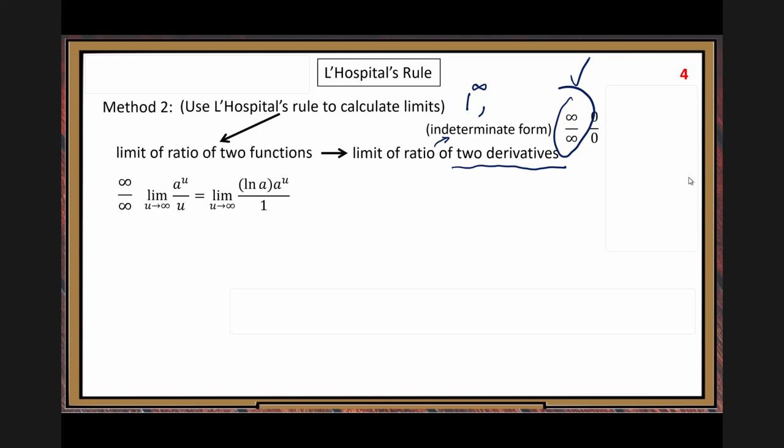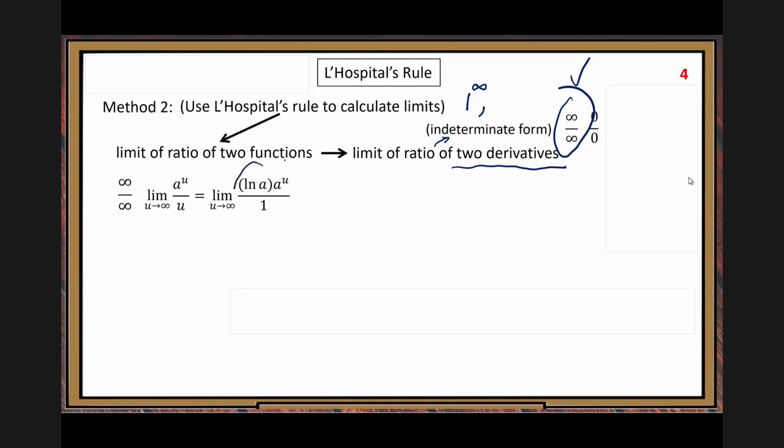Then for the denominator, the derivative of u is just 1, by the power rule: u to the first power has derivative 1. So that's one round of L'Hopital's rule.